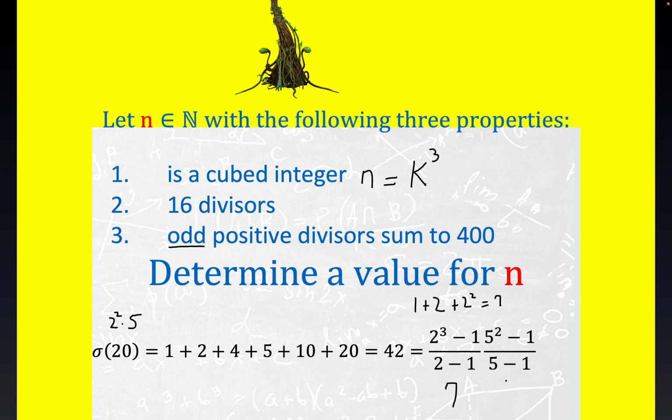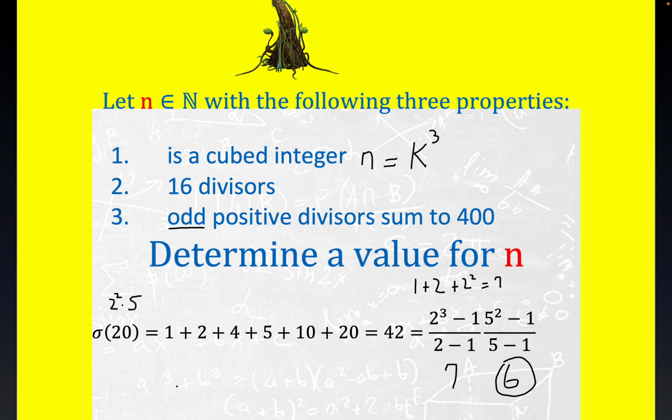And in a similar fashion right here, what do we get? 5 squared minus 1 is 24, divided by 4, that's 6. But notice this 6 is exactly what we got when we use this notation I want to introduce to you. I'm going to use this the rest of the session, odd, and this just means the sum of the odd divisors.